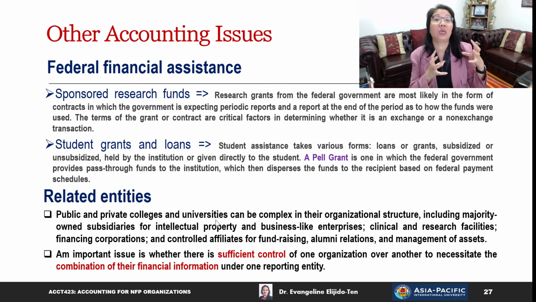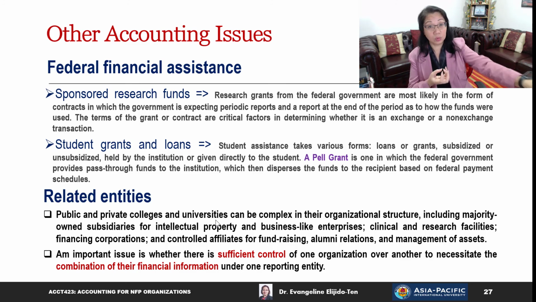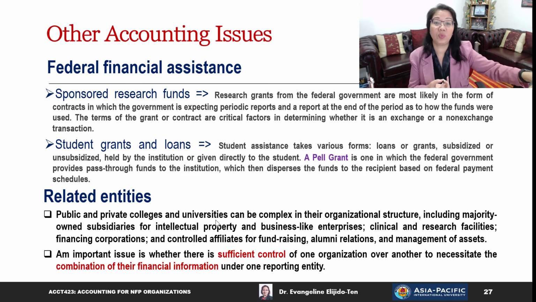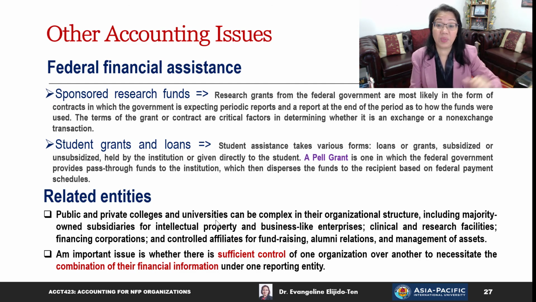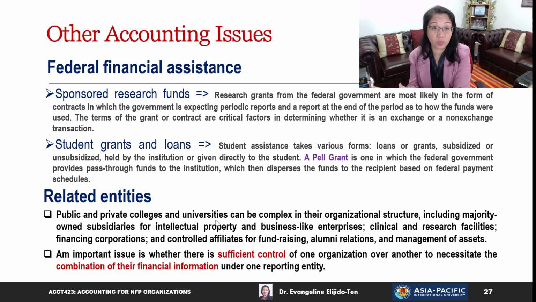For example, a university might also have a hospital where their medical students will be going for their training in terms of their medical degree. So the hospital might be considered a business-like enterprise, and clinical research facilities might also be considered another entity.